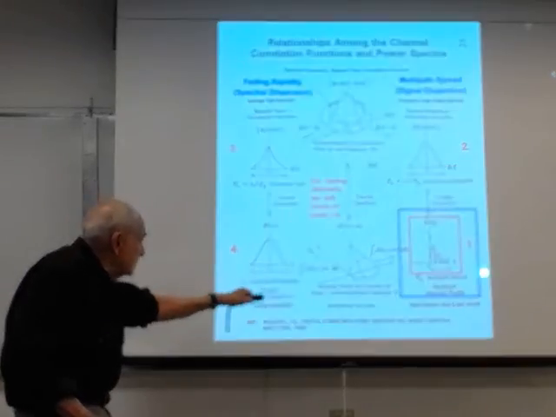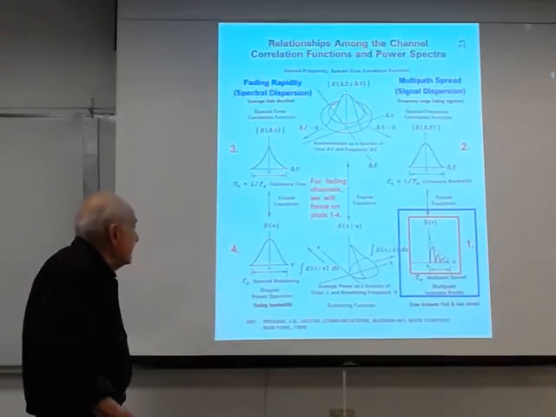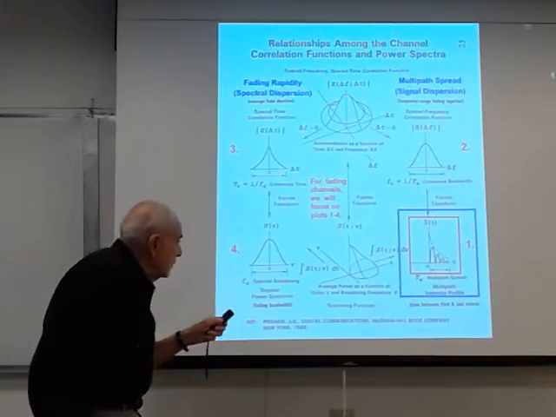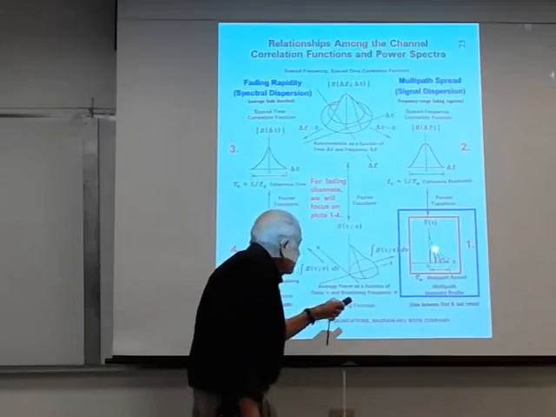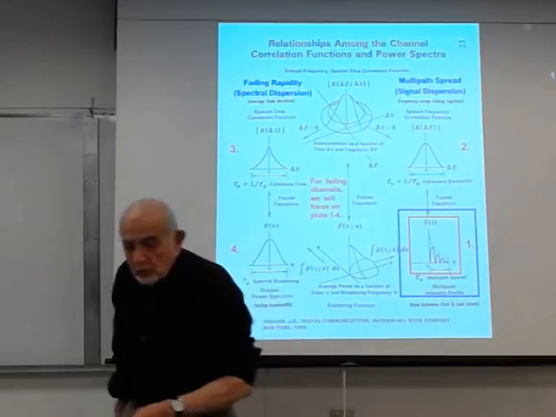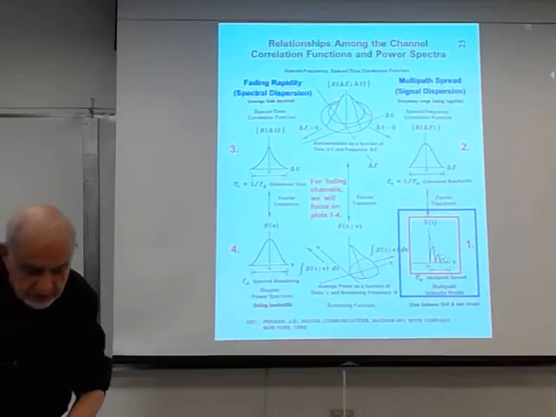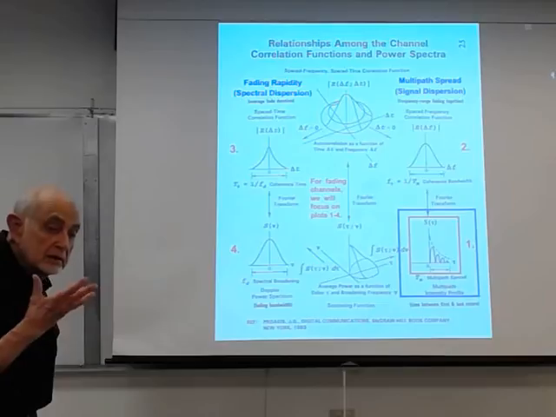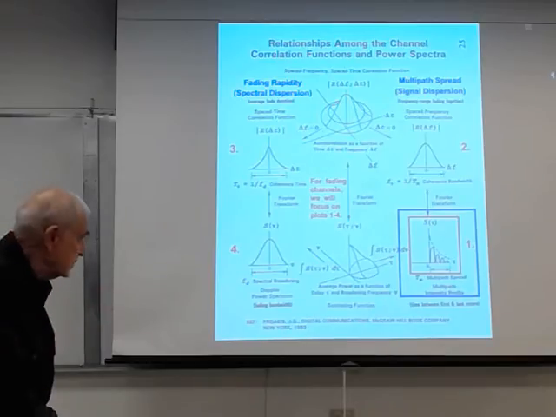And let's start with this one first. And I think when I describe to you the phenomenon of the worst case fading here, it'll make sense to you. You'll see this in a moment.